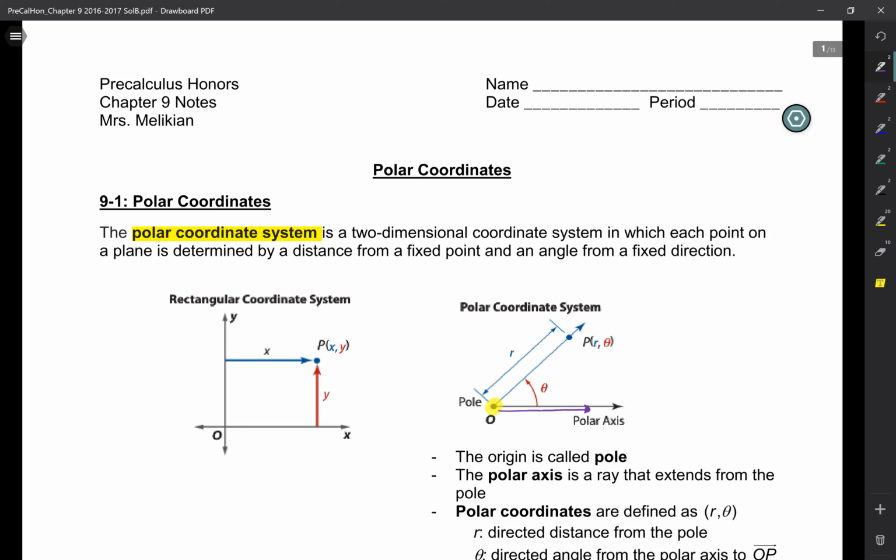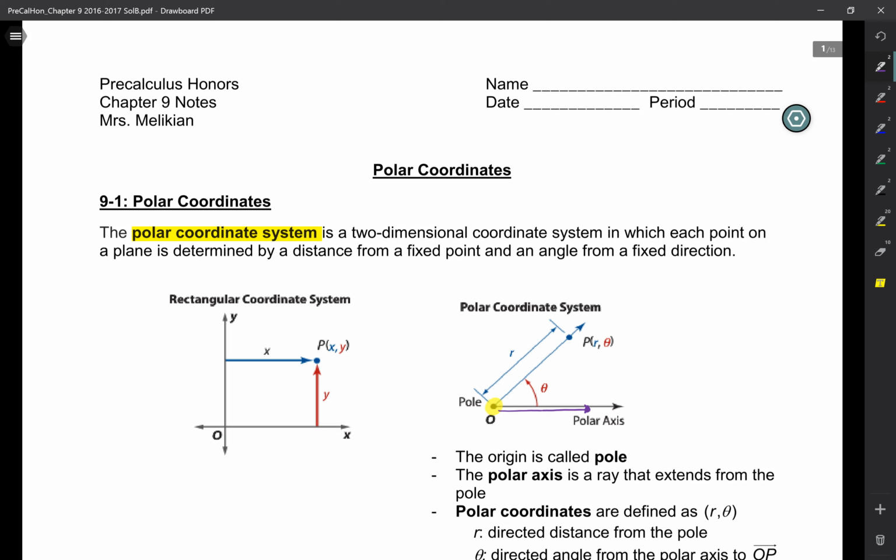Those two sets of instructions will tell you exactly where your second point is going to be. So suppose I tell you to go out 2 units and then rotate 30 degrees right there. That's your point. So now, if I tell a pilot that, that's a little bit more manageable, okay?